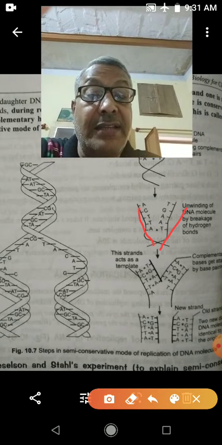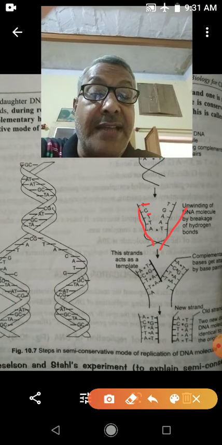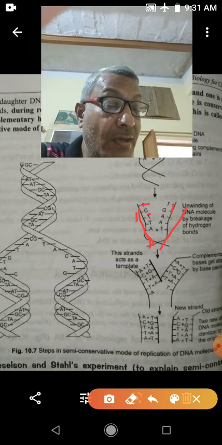They have separated, and this A, C, T, these are the nitrogenous bases. So these are considered as templates for the synthesis of the new strand.